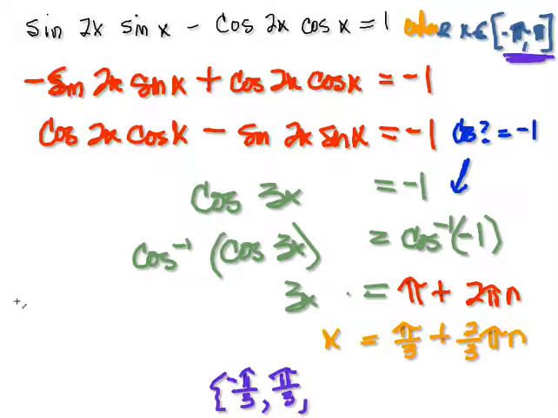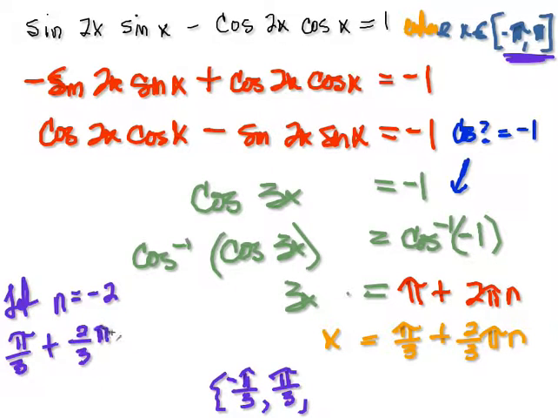If I let n equal -2, would that be another one in that range? That might work too. Let's try that one. We're going to get pi thirds plus 2/3 pi times -2.